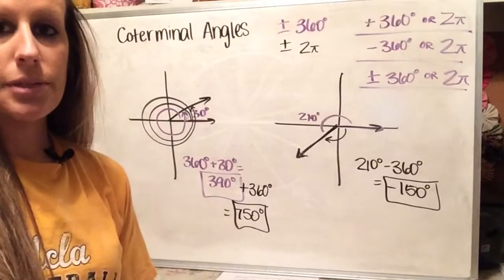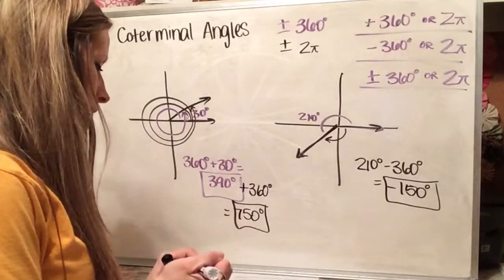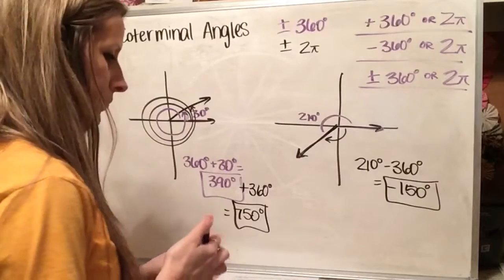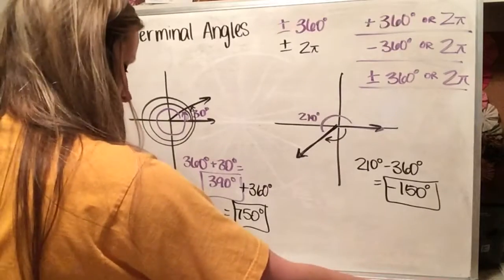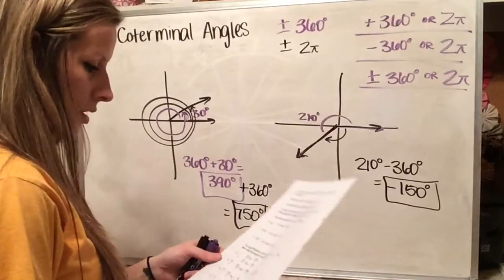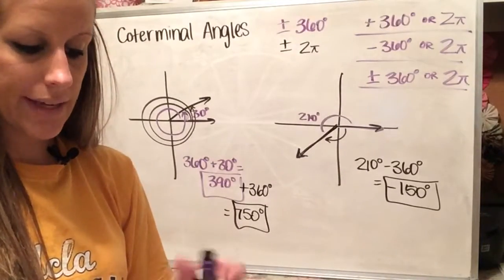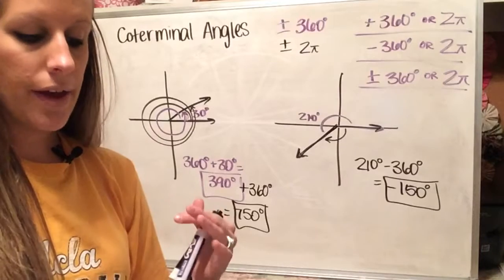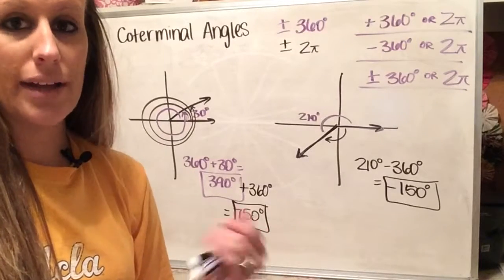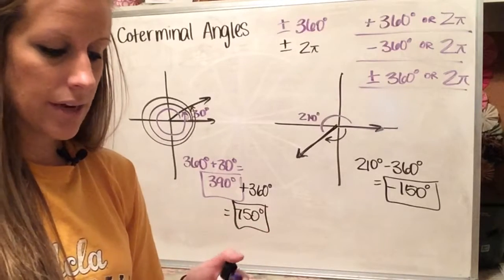Alright, so then we have some examples. We're going to find the coterminal angle for each of the following. Okay, so what I'll do is I'll do one from each section, since we've already talked about if it's radians, you add or subtract 2 pi instead of 360.